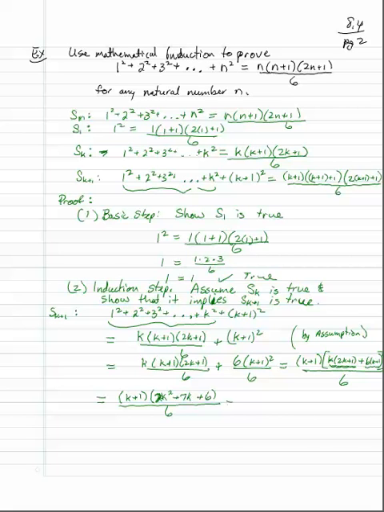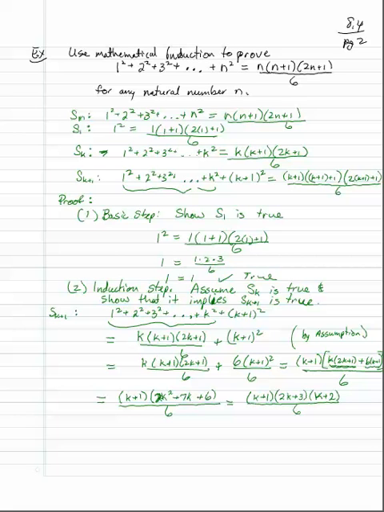Then I'm going to factor that, so I got the k plus 1, then I factor this, so I get 2k plus 3 and k plus 2. I did that on scratchwork, just using the ridge method.